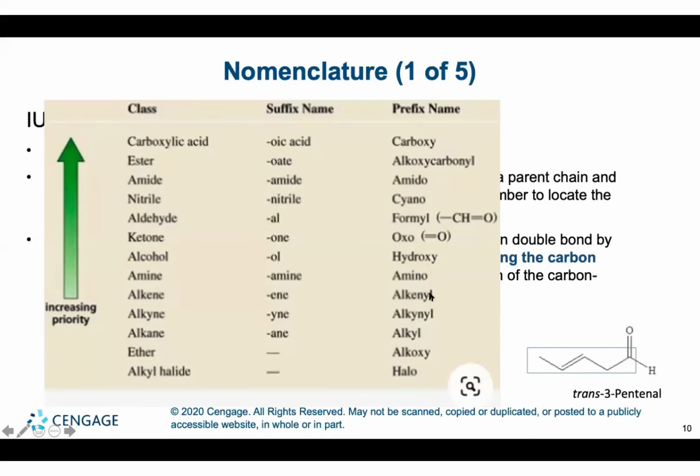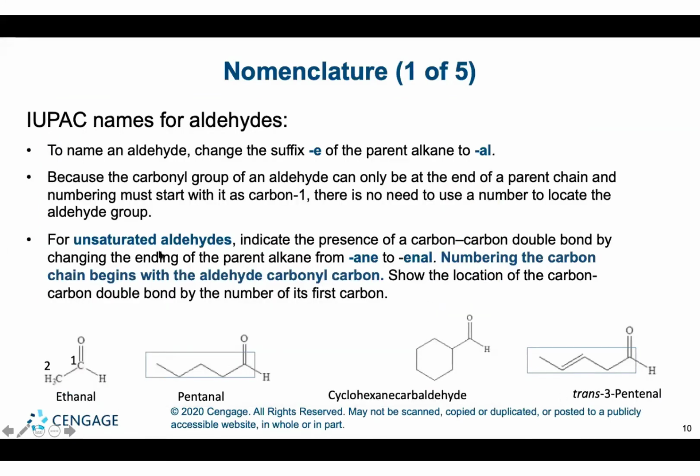And it says here that if you have an unsaturated aldehyde, instead of writing pentane-al, you put pentenal. You just put the double bond and the aldehyde together. It would be pentene if there was no aldehyde, but we remove the E from the end of pentene and add AL.